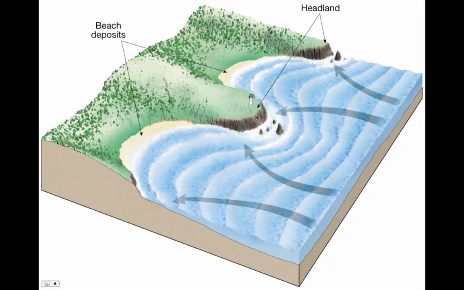But it's made out of very resistant rock. That's why it can stick out to begin with, because when the wave beats on it, it doesn't break down as quickly as this did, because originally the coastline would have been more just parallel to the waves coming in. But we get these headlands developed because they are more resistant rock.